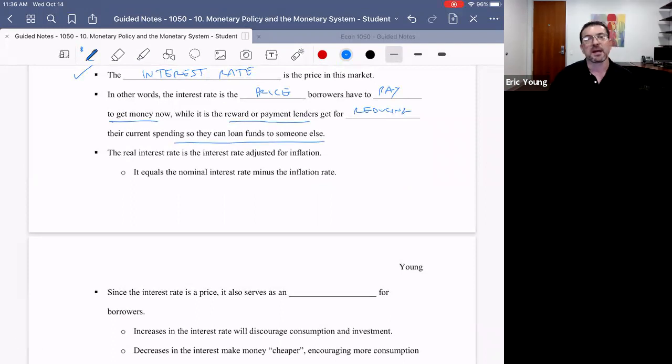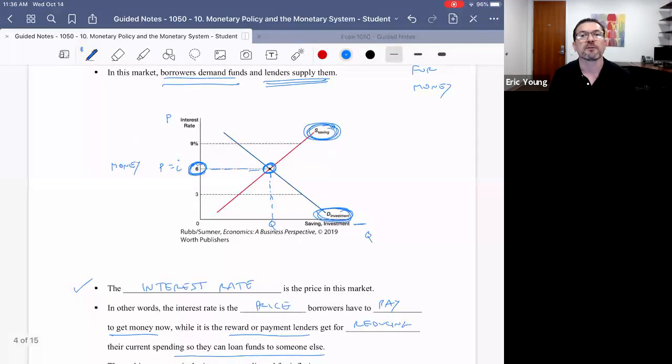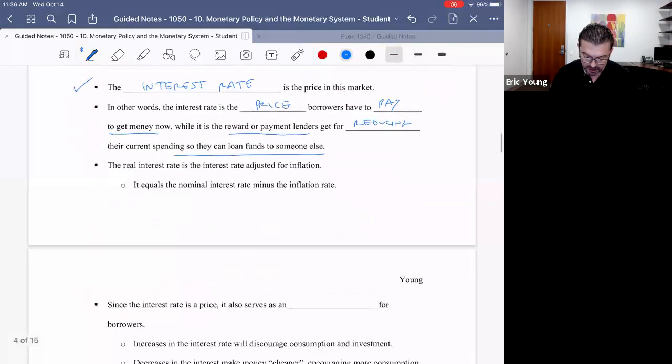One quick little thing tied to earlier discussions on inflation. The interest rate that occurs typically in a loanable funds market is the nominal interest rate. We do adjust that from nominal down to real, just like we did with GDP, for example.